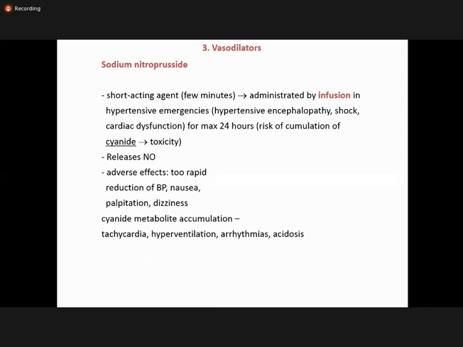This is another drug, sodium nitroprusside, short acting. That is why it is one of the important drugs that can be used in hypertensive emergencies, hypertensive crisis, administered by infusion.